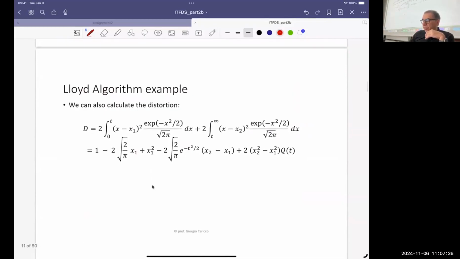By some additional effort, we can calculate an expression for the distortion D that depends on x1, on x2, and on the threshold T. That's a little bit complicated, but it can be calculated directly from the definition.